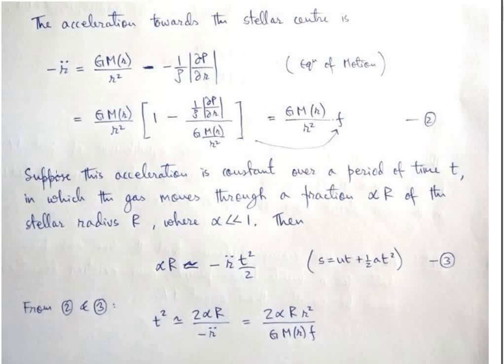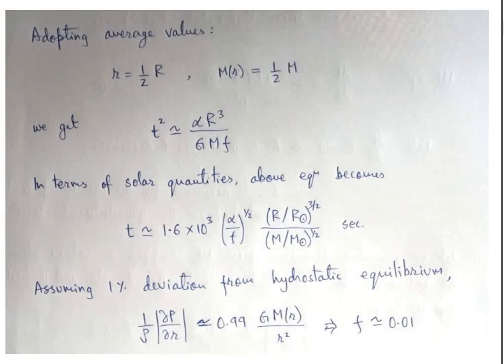Now we are going to do a very drastic approximation, very drastic indeed. I am just taking average values at the center. It's funny, but yes, I can take it, and let's see what I get from that. So r is equal to half of the value of the radius, and similarly mass is half of the value of the entire mass of the star.